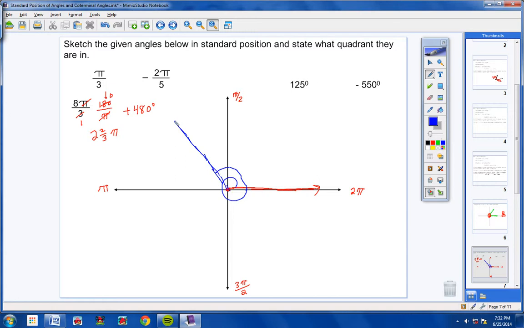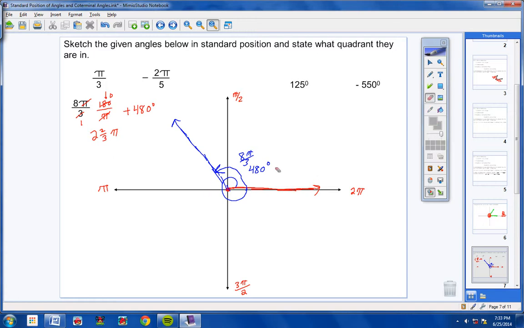Okay, and you can count that up if you want to. Watch it again. 360 plus 90 more is 450, plus 30 more would be 480. So there, we did it. We drew 480 degrees. We can write it right here. We drew 480 degrees in standard form, or we can also say we drew 8 pi over 3 in standard position. Okay, 360 plus 120 more.